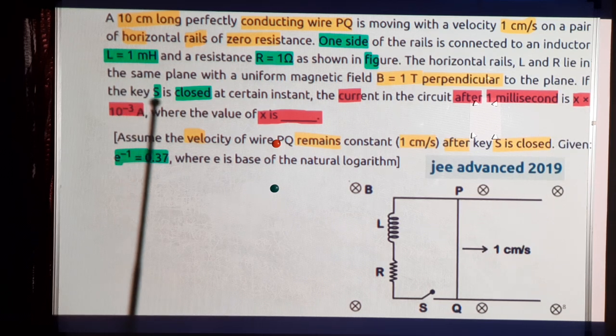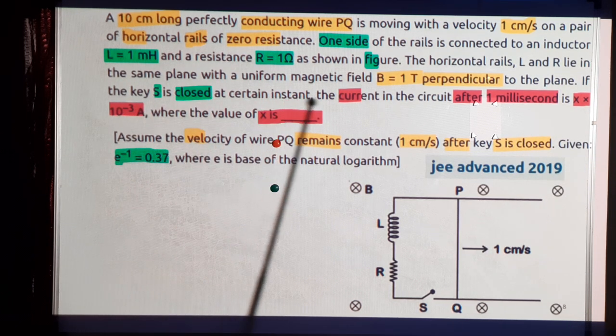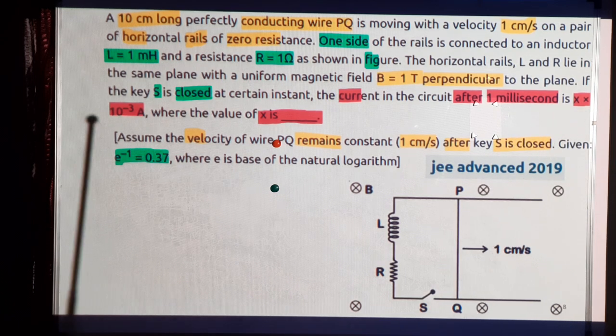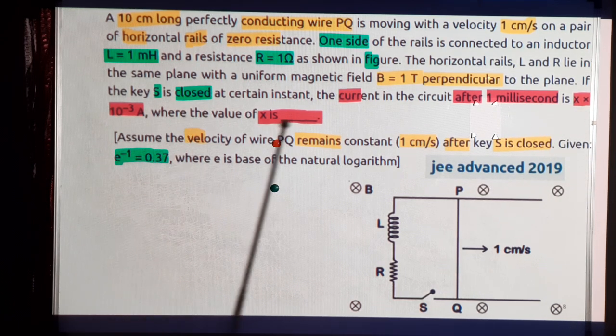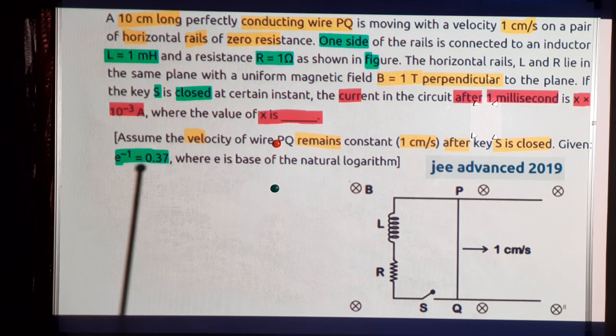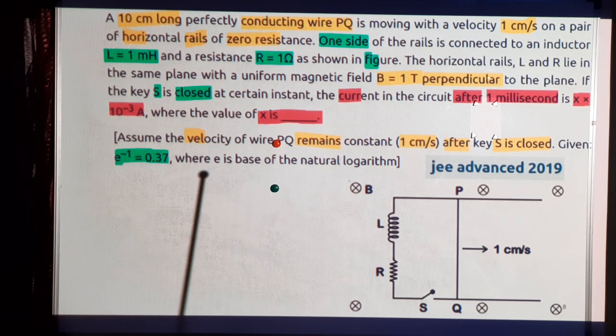If the key S is closed at a certain instant, the current in the circuit after 1 millisecond is x into 10 to the minus 3 amps, where the value of x is dash. Assume the velocity of the wire PQ remains constant, 1 centimeter per second, after key S is closed. Given e raised to the power minus 1 is 0.37, where e is the base of the natural logarithm.